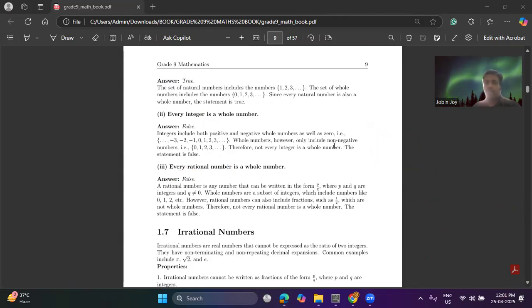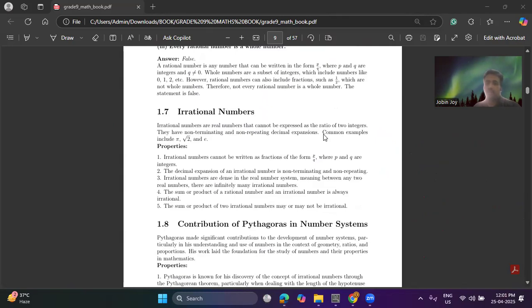Okay, then coming to the next topic, irrational numbers. Rational numbers we know: any number that can be written in the form p by q, where p and q are integers and q is not equal to 0, is called a rational number.